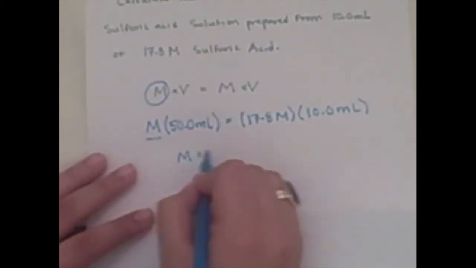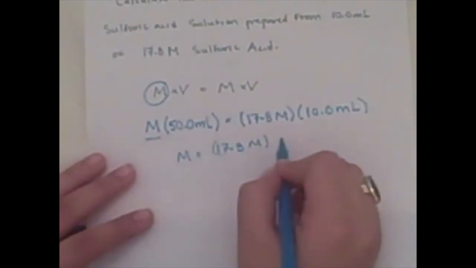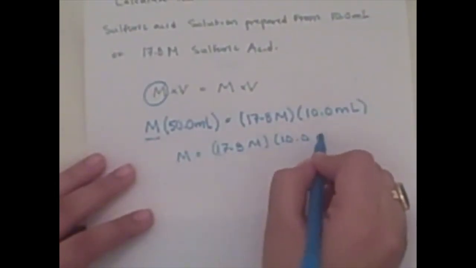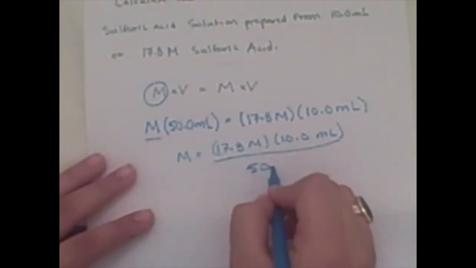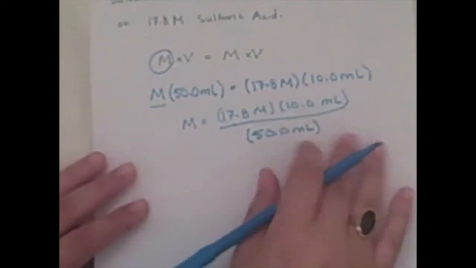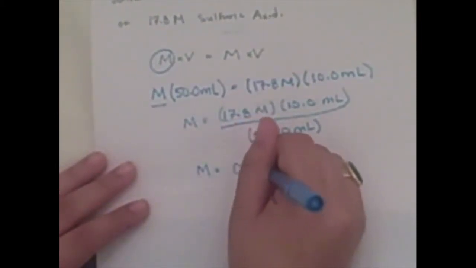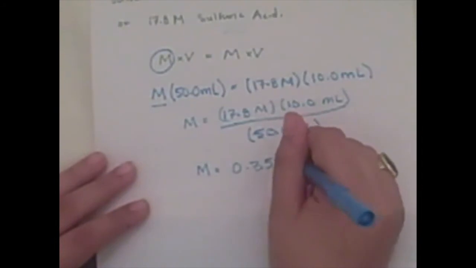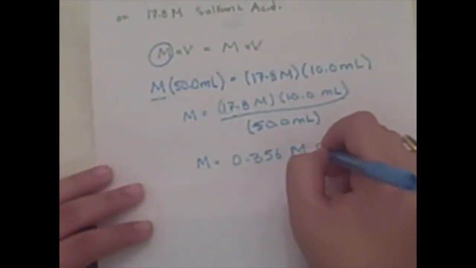So molarity is equal to 17.8 times 10 milliliters divided by 50 milliliters. Our answer ends up being 0.356 molarity of sulfuric acid.